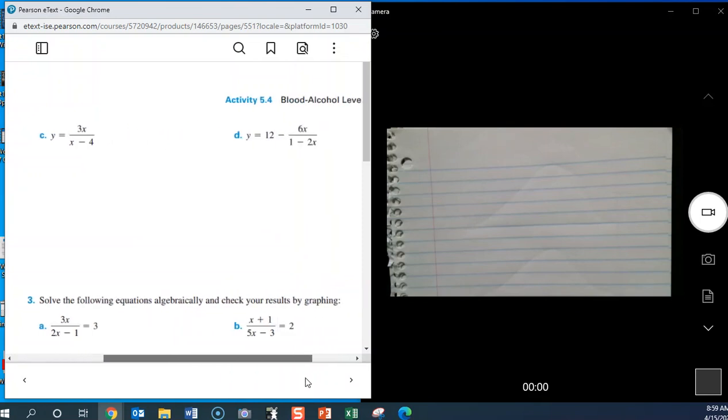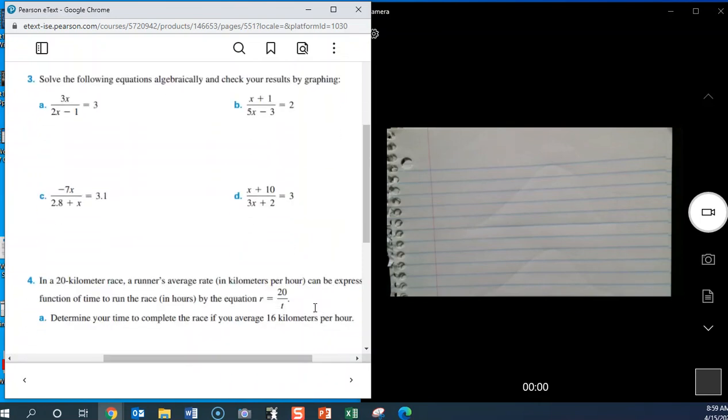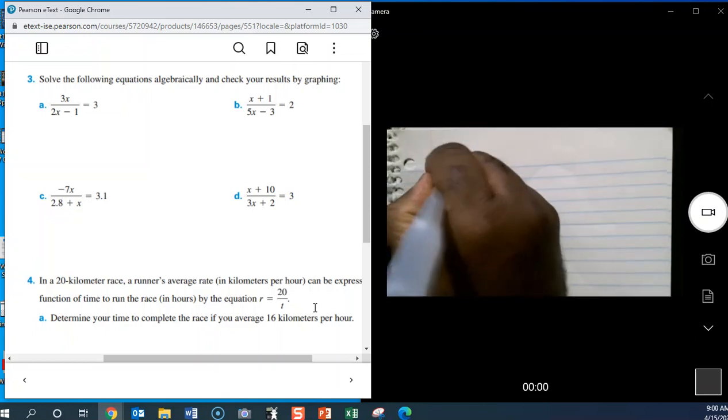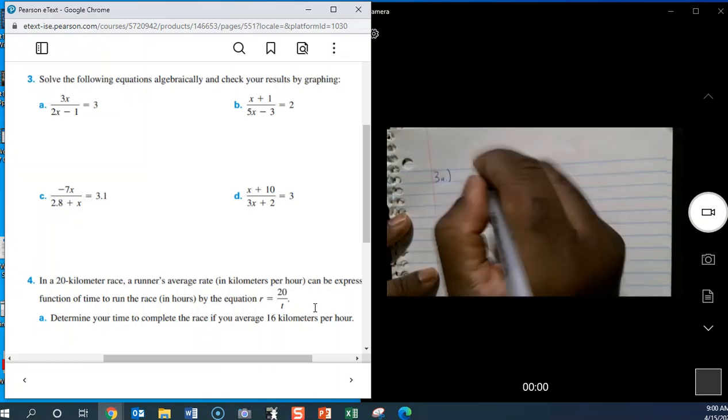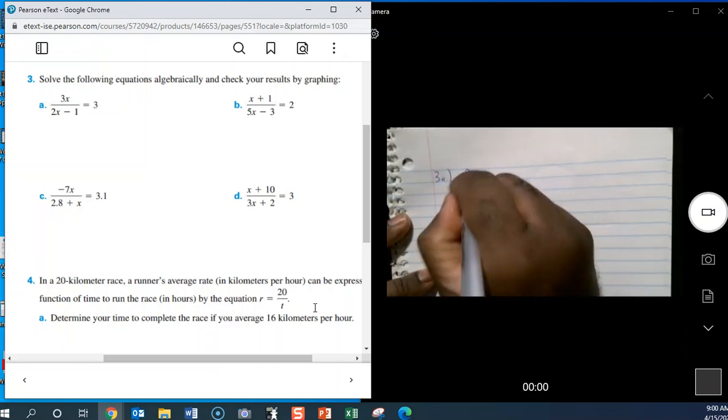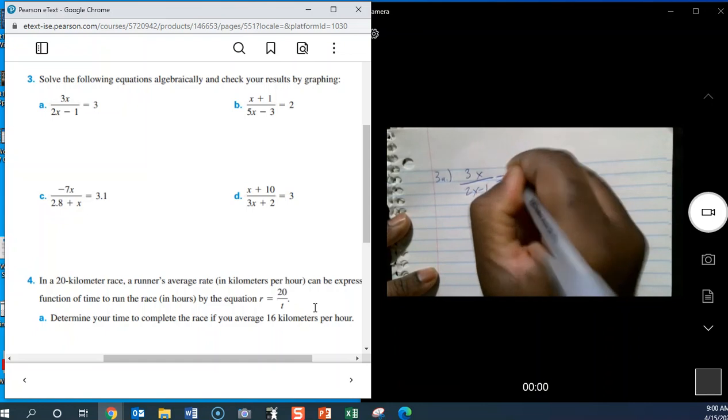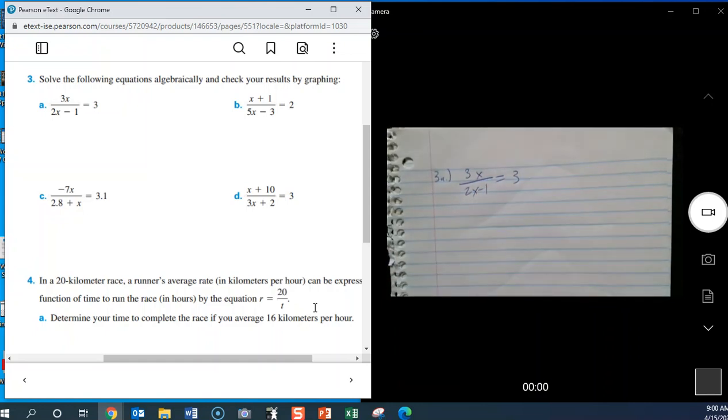Okay, we're starting with problem number 3. It says solve the following equations algebraically and check your results by graphing. So we have 3a: 3x divided by 2x minus 1 equals 3. In order to solve this equation, the first thing we need to do is get rid of our denominator.